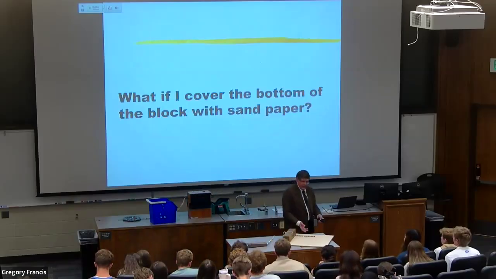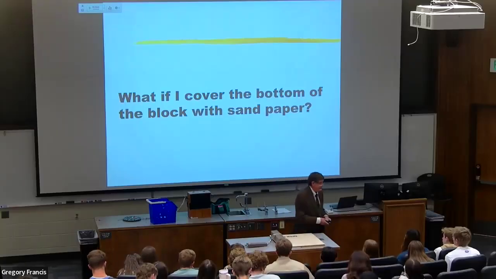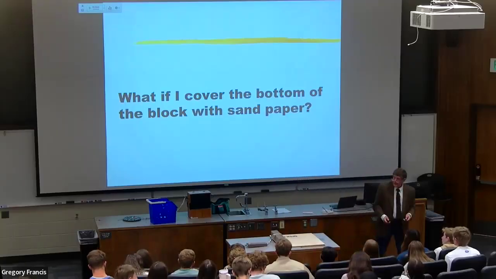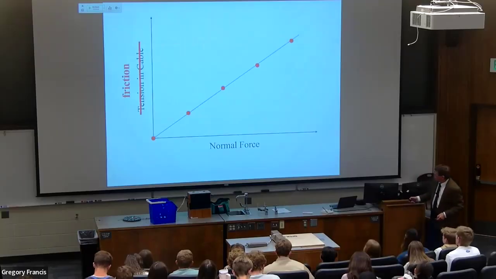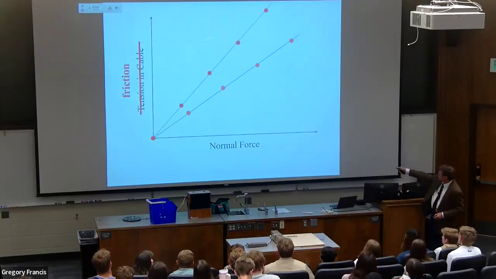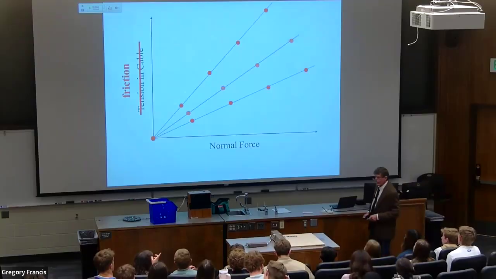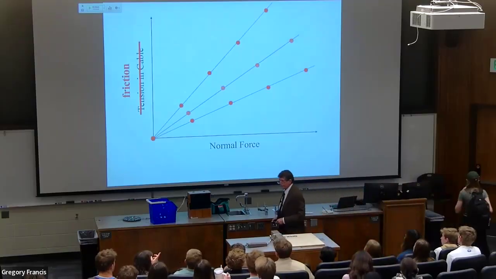Well, if I had put sandpaper on the bottom of this sled and repeated that experiment, which graph would I get with the sandpaper? Would I get this curve here, or would I get that curve there? Which would it be, the upper one or the bottom one? Tell your neighbor real quick.